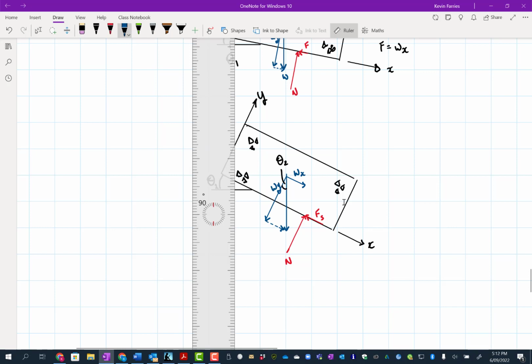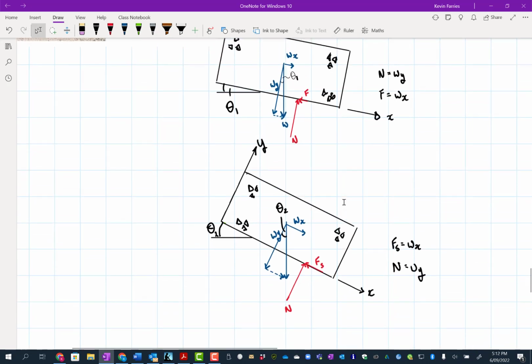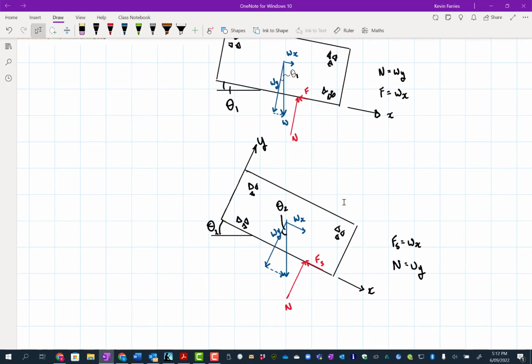And so let's just have a think about that. So Fs is equal to Wx, and the normal force is equal to Wy. What am I trying to do here? So, what else do we know?